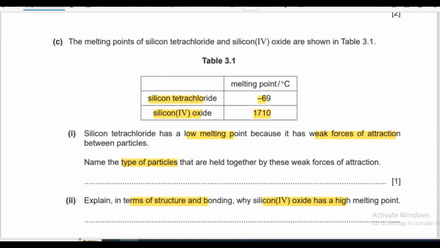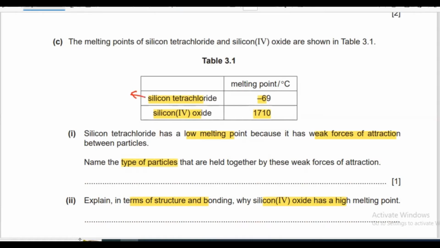Now you have the two compounds, silicon tetrachloride having melting point -69, silicon dioxide 1710. So silicon tetrachloride has a low melting point because it has weak forces of attraction between particles. Name the type of particles that are held together by these weak forces of attraction.